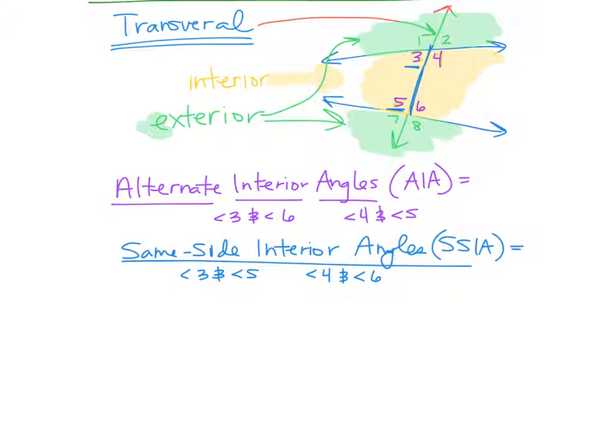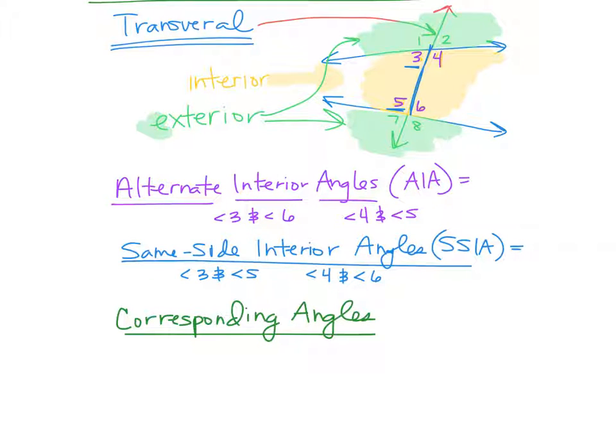Then we have what are called corresponding angles. Okay, I don't really have a shorthand for this. I'll oftentimes just do this, corresponding angles. For corresponding angles, you have to think, what does the word corresponding mean? It means they relate to each other.